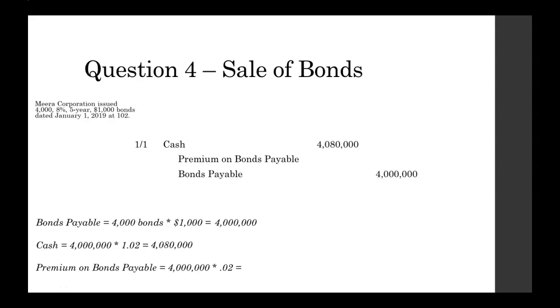We issued at 102, so that's an additional 2%. So that premium on bonds payable is that additional 2% of the 4 million, which comes out to 80,000. So that's your journal entry to record the sale of the bonds at a premium.